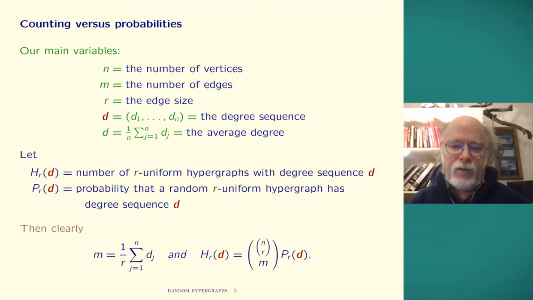And from this, you can see that one condition, which I won't mention again, is that the sum of the degrees has to be a multiple of R. And you can also see that the number of hypergraphs with degree sequence D is just the total number of all hypergraphs multiplied by the probability that they've got degree sequence D. So this double binomial here, n choose R is the number of sets of size R, and you're choosing m of them. So that's the total number of R-uniform hypergraphs with n vertices and m edges.